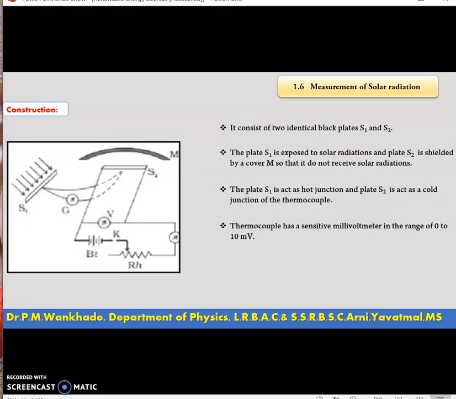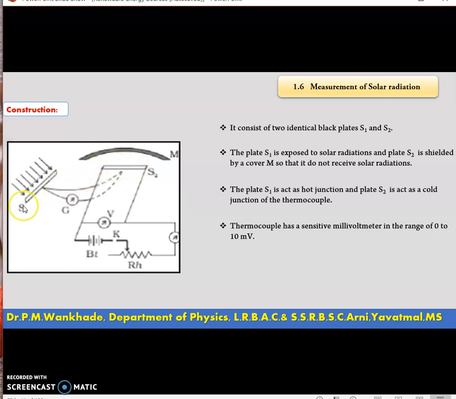It consists of two black plates, S1 and S2. The plate S1 is exposed to solar radiation and plate S2 is shielded by a cover so that it does not receive any solar radiation.